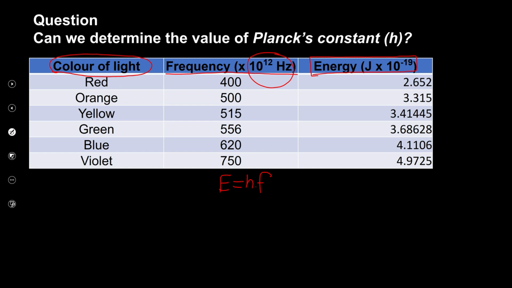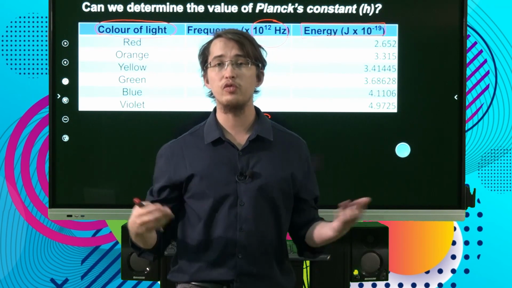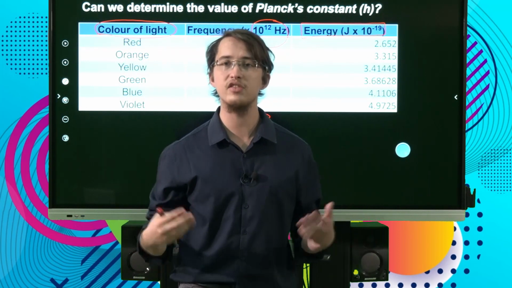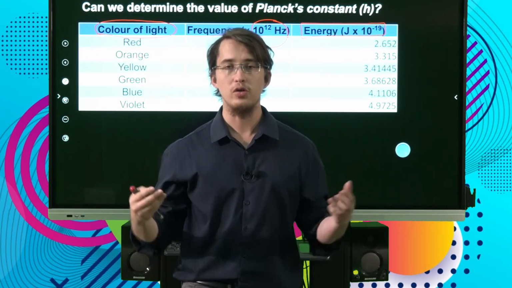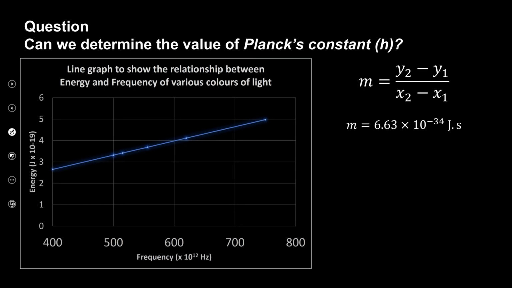But how are we going to find Planck's constant? Well, like with many things in science, it's valuable for us to put this data on a graph and see if some kind of visual relationship can be seen from the outset. So let's see what happens when we graph this information. So here we can see when we graph the data, I've generated a line graph to show the relationship between the energy and frequency of the different colors of light.